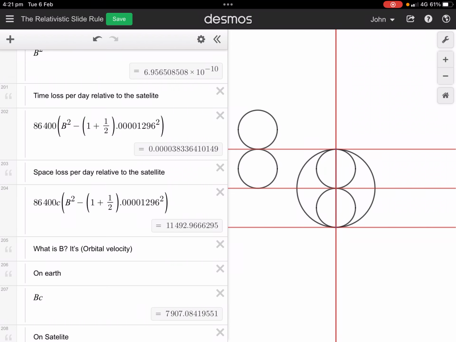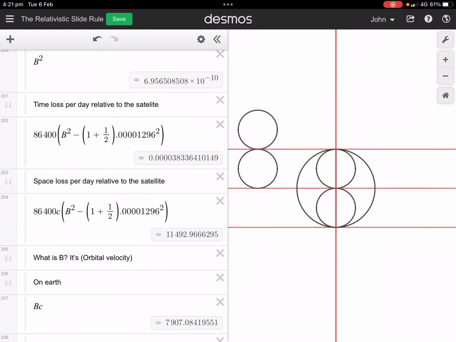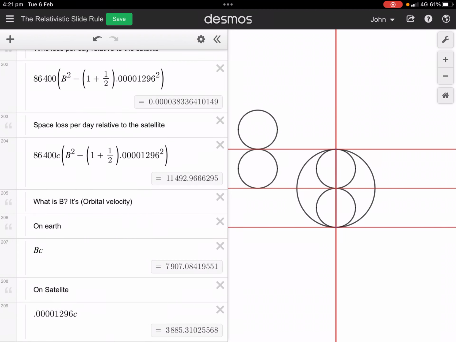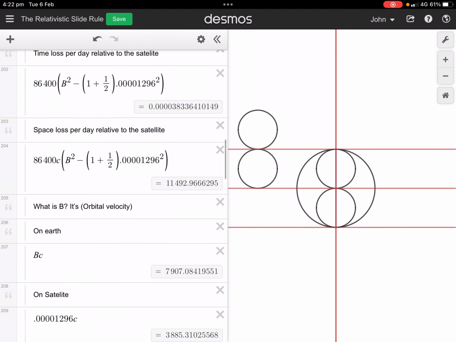And then I've taken the energy loss on the surface of the Earth, and I've subtracted off the energy loss on the satellite so that you get the energy difference, and the time difference is then this 38 microseconds, which is correct. It should be microseconds. Sorry.